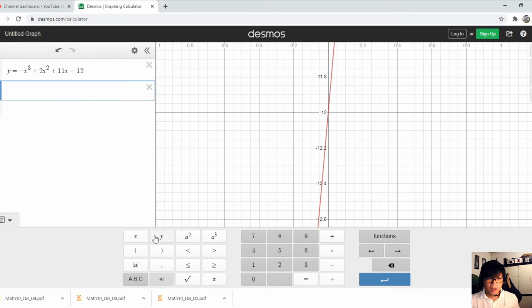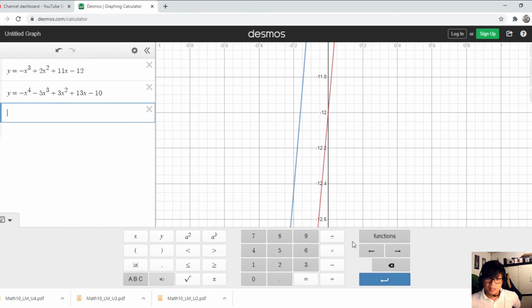So, number 4 is y is equal to negative x to the 4th power minus 5x cubed plus 3x squared plus 13x minus 10.